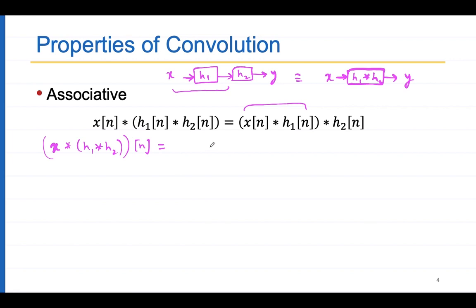I can write it like this. I can say this is x[n] convolved with the summation of h1[k] h2[n minus k] summed over all the k's, right?